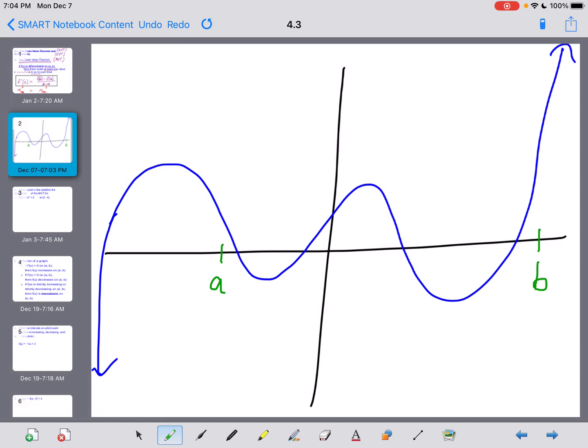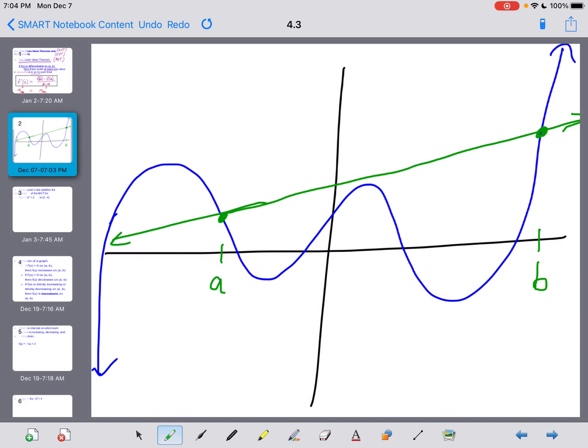At A, there's a Y value right here called f of A. And at B, there's a Y value right there that would be called f of B. And in that interval, we can of course create the one and only secant line defined by those 2 points, and it maybe looks something like that. So that's your secant line, and of course it has a slope to it.